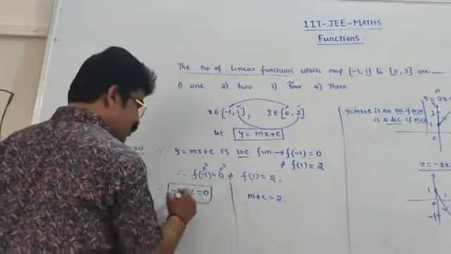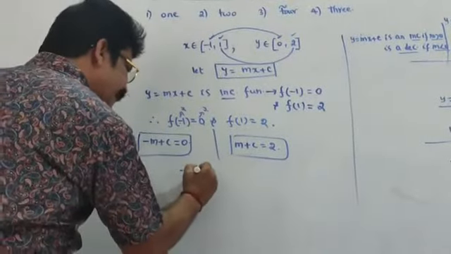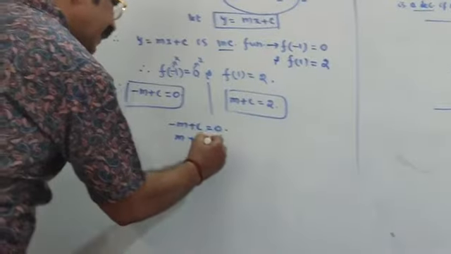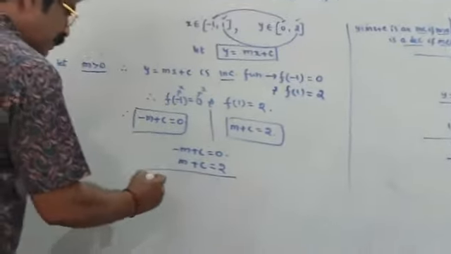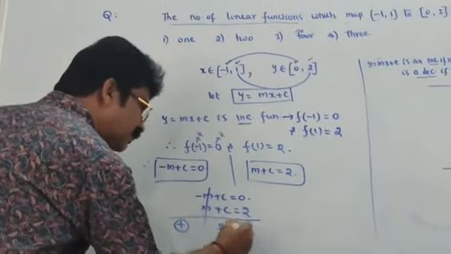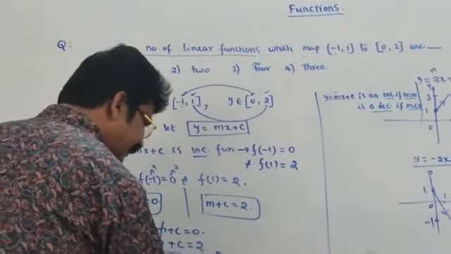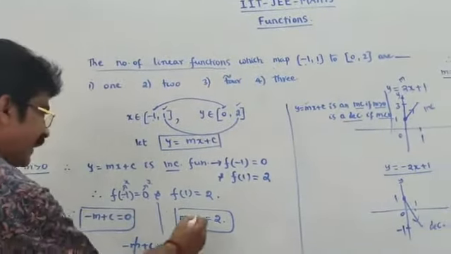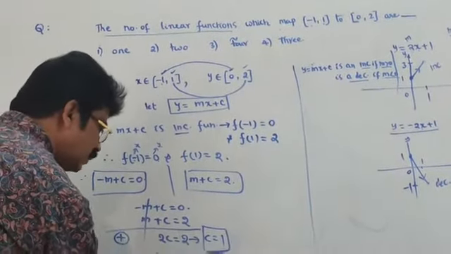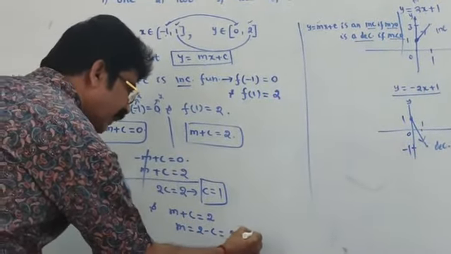Now we shall solve these two equations for m, c. -m + c = 0 and m + c = 2. On addition, m will be cancelled, then 2c = 2, that implies c = 1. Okay, we got the c value. We can take any equation, m + c = 2, then m = 2 - c, that is equal to 1.